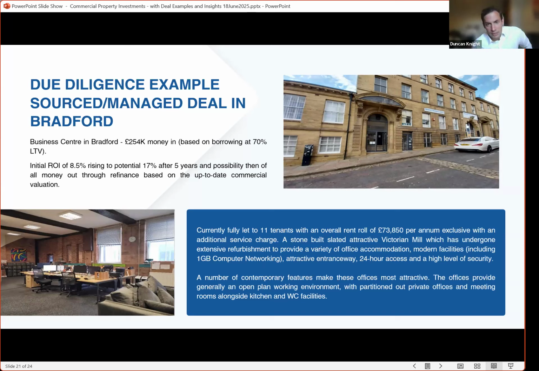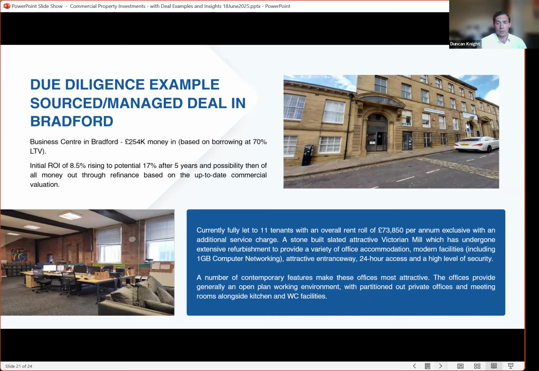It's fully let. We have 11 tenants here, with an annual income of just under 74,000 a year. So it's a relatively safe investment in that sense. And in terms of figures, we have negotiated a purchase price of 650,000.